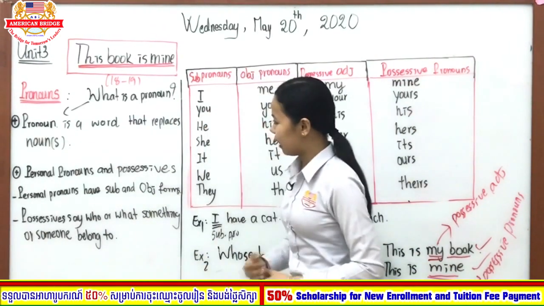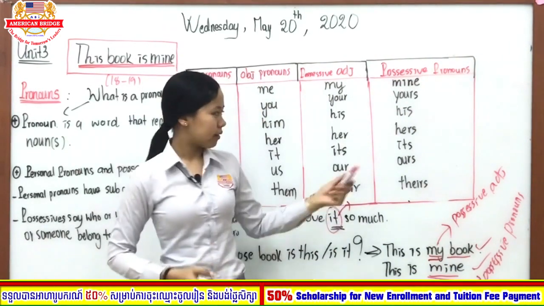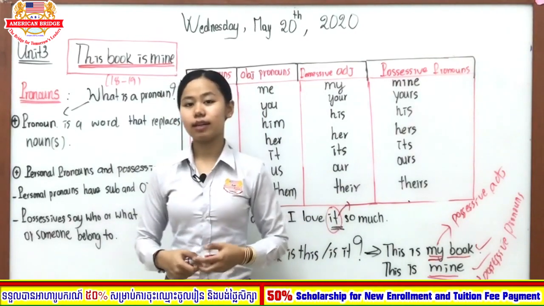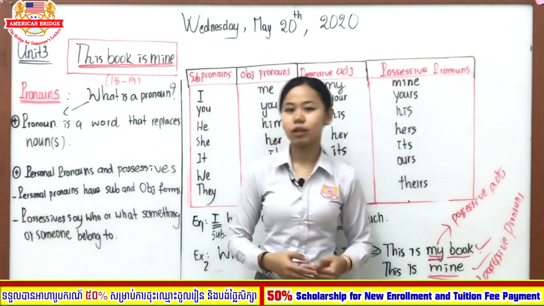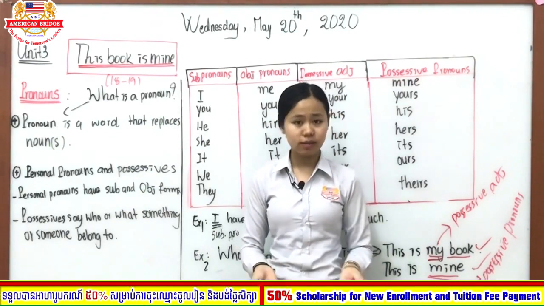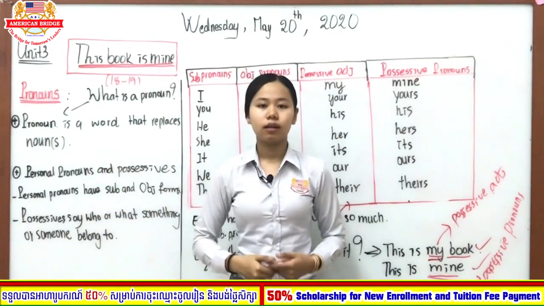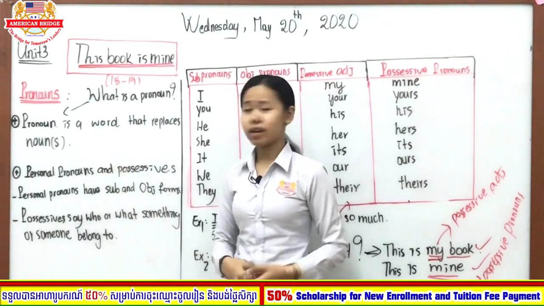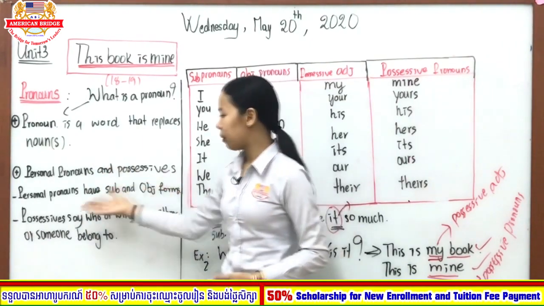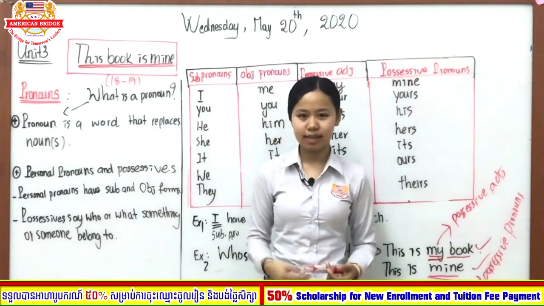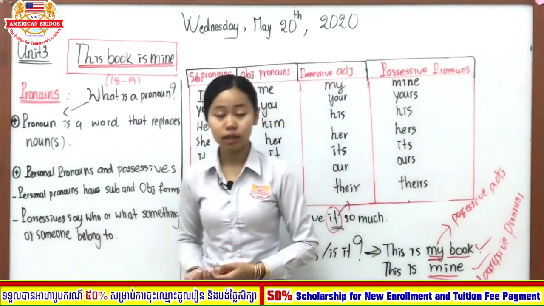So today we learned a lot regarding this, and before the teacher ends our session today, the teacher would like to sum up what we learned so far. So today we learned about pronouns, and we focused more on personal pronouns and possessives. Personal pronouns have two functions like the teacher said, as a subject and as an object in the sentence.